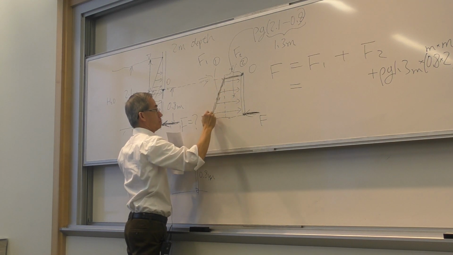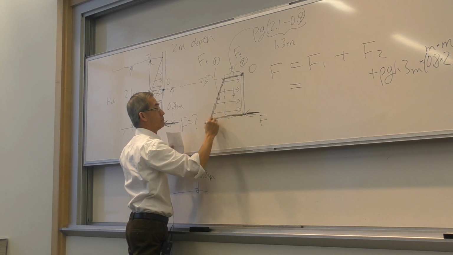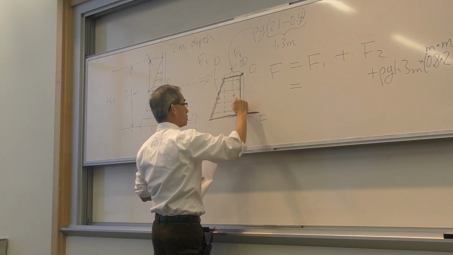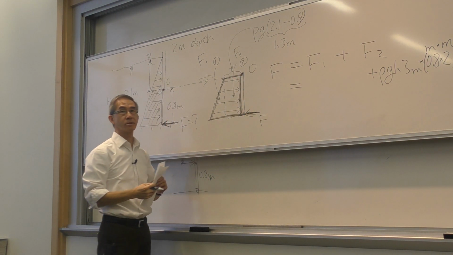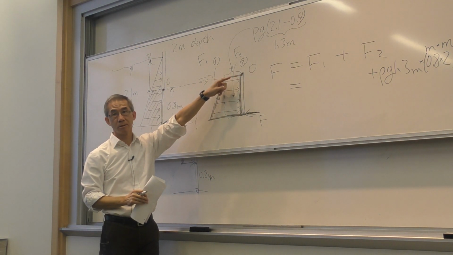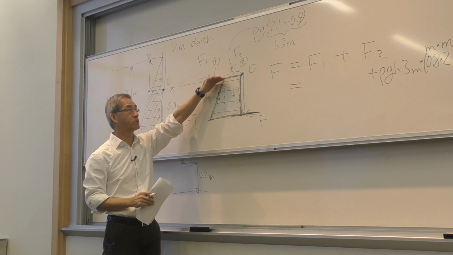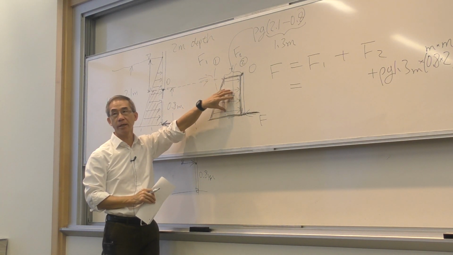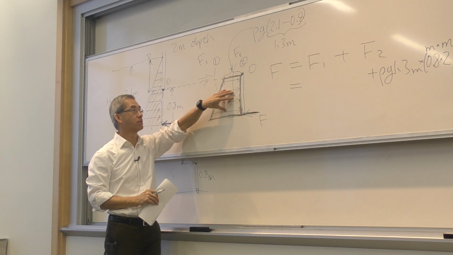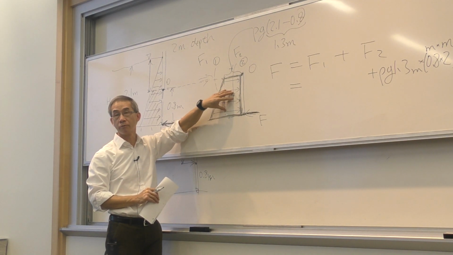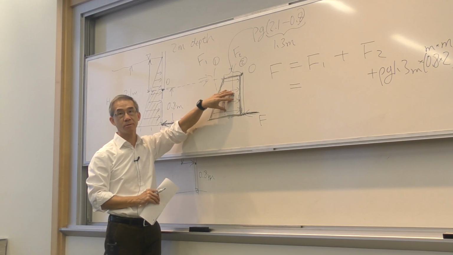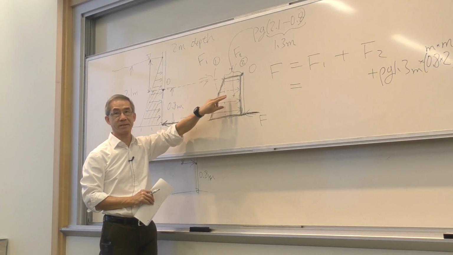That is the resultant pressure distribution that I have to deal with because now the hinge is below the free surface of the water. But this outward shape is something that I'm not familiar with and comfortable with. So by taking advantage of superposition or divide and conquer, I want to deal with this in two steps.